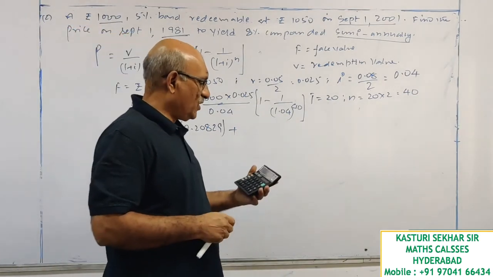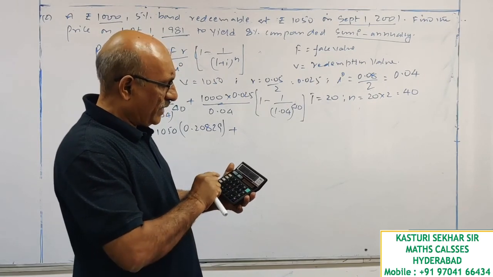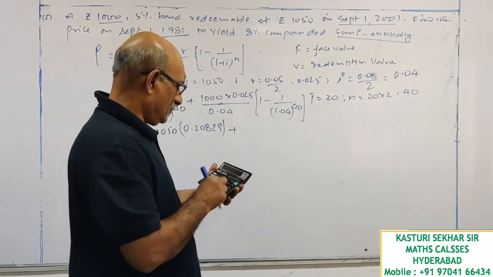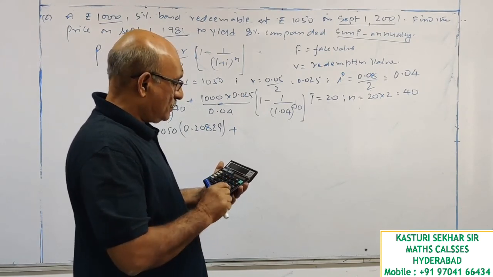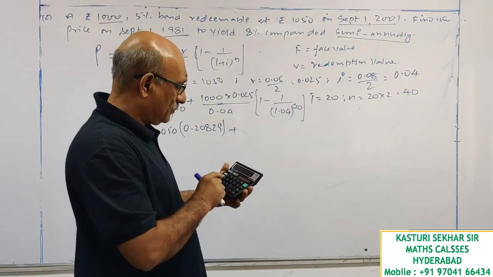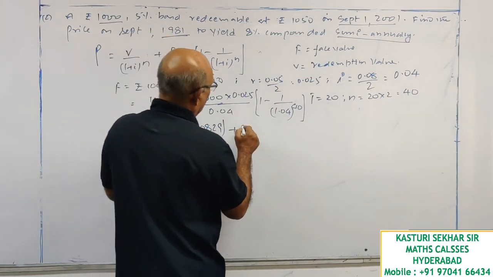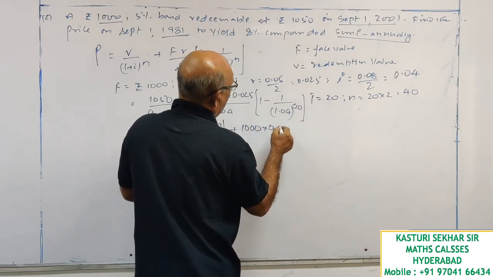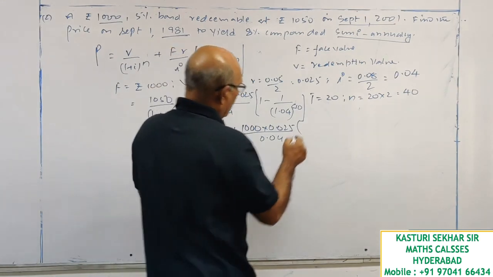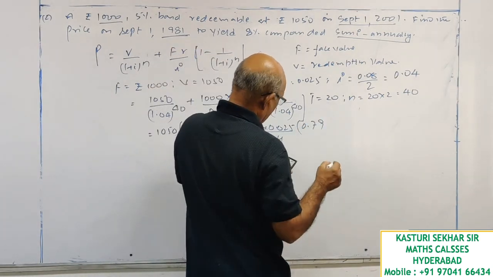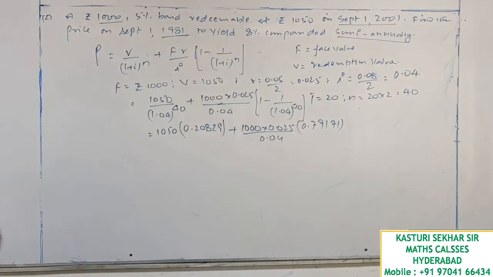Now here simplification is required. It should be subtracted from 1. Minus 1, plus minus sign, 0.20829 subtracted from 1 gives 0.79171. 1000 into 0.025 divided by 0.04 into 0.79171, that we have to simplify.